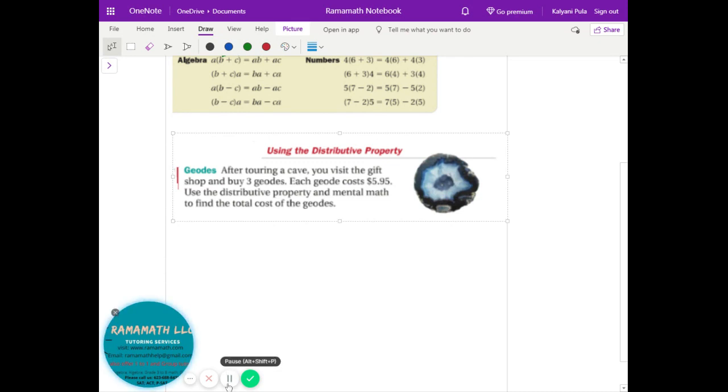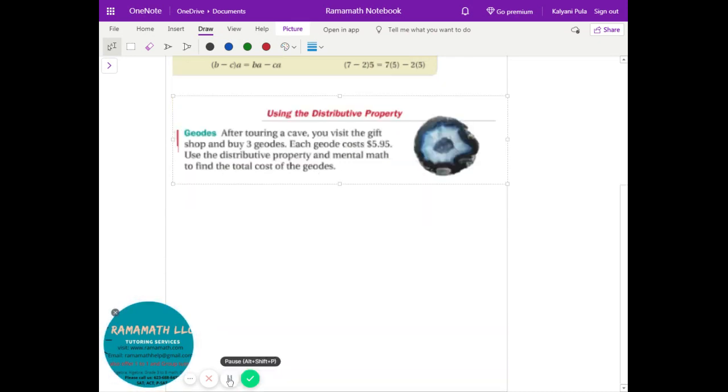Okay, let's try this. I see that you just multiplied 5.95 times 3 straight, but did you apply the distributive property in this? Because I don't understand where to put the parentheses. Okay, so let's go over this quickly. I know I'm multiplying 3 times $5.95, right?